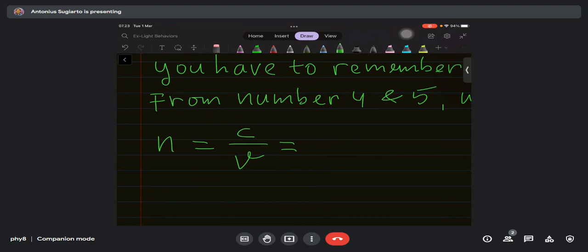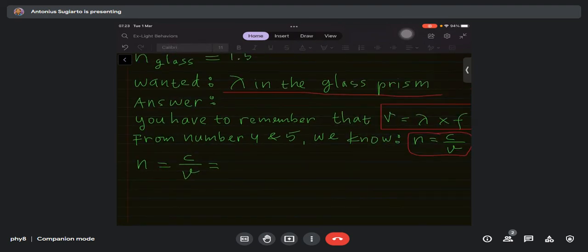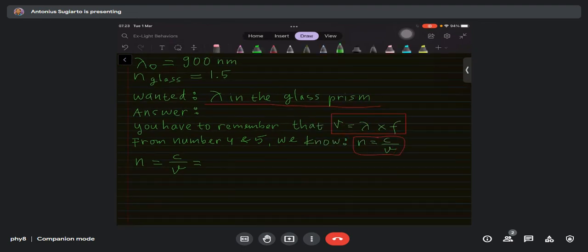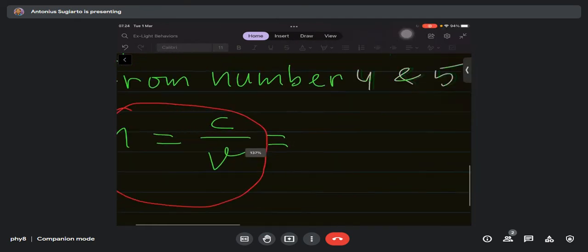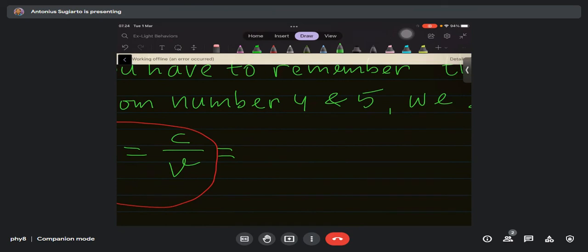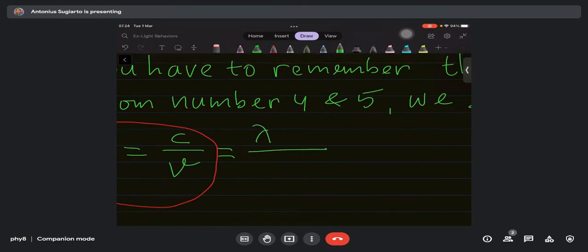According to our discussion before, you have to remember that V equals lambda times f. That's why we change the V to lambda times f, and also for the C. C is also the speed of light, but in vacuum, and V is the speed of light in a medium. Lambda 0, because in the air, times f, per lambda times f.